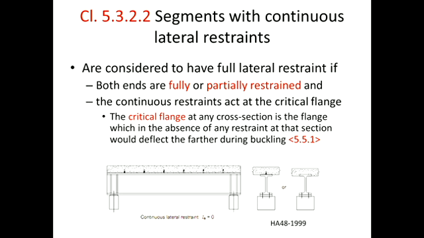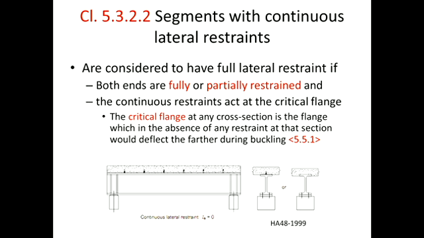So it's under compression, and if it's under compression, it's more likely to buckle. And then if it buckles, and we didn't have this continuous restraint, then it will also move laterally. So then we have lateral torsional buckling.